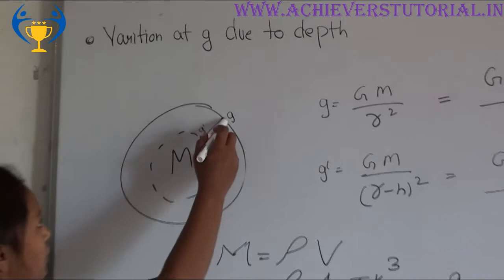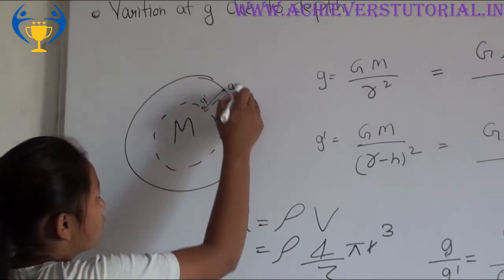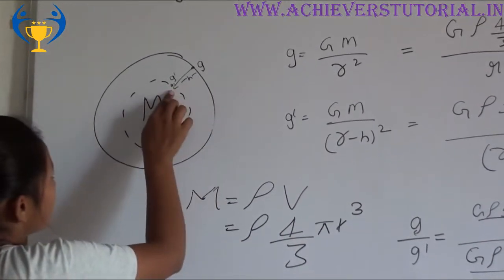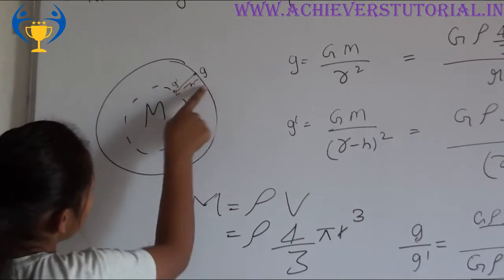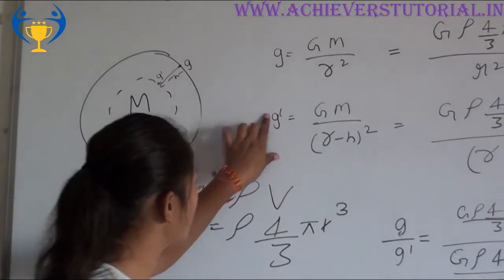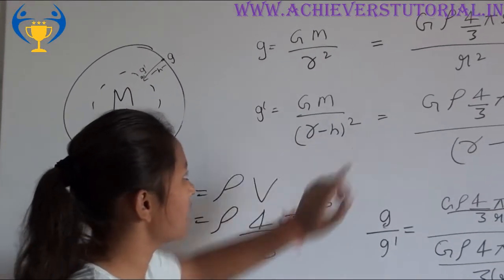At the surface, the value of g is equal to GM upon r square. At some depth, the value of g is GM upon (r minus h) square.